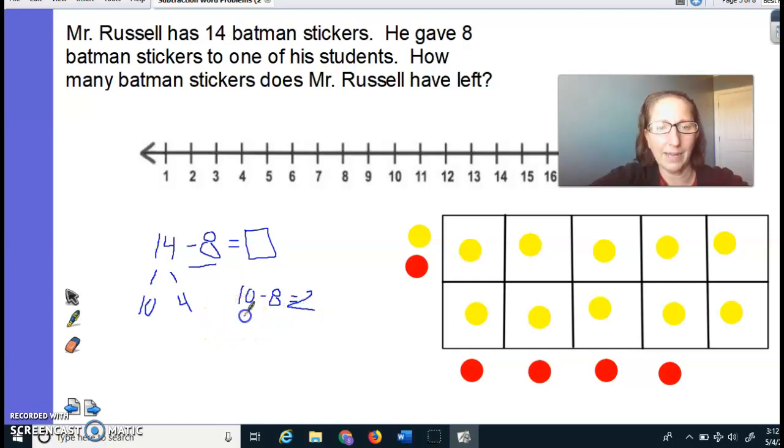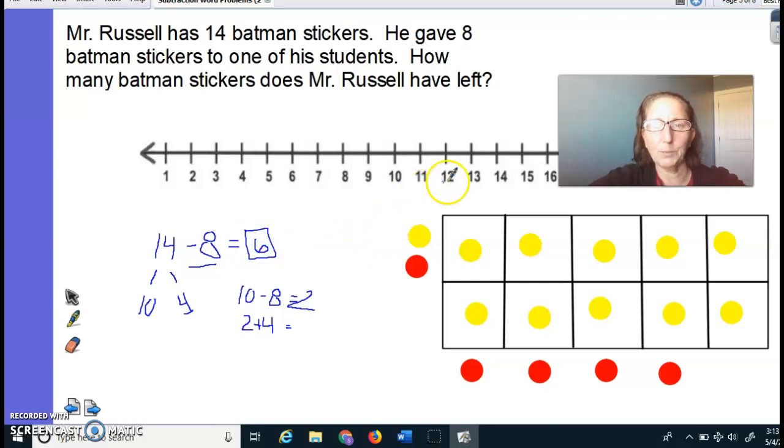Now we're going to take that 2 and we're going to add it to this 4 because we have to add our leftovers together. So 2 plus 4 equals 6.